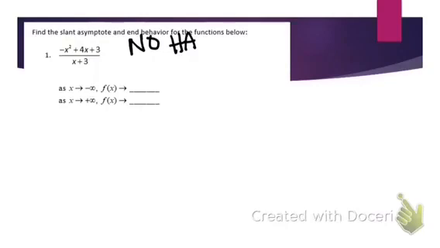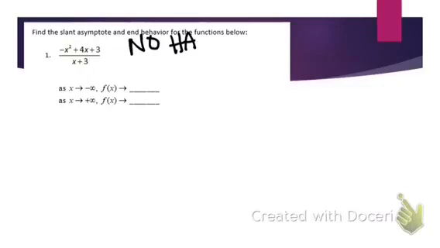If the degrees are equal, then you set the leading coefficient over the leading coefficient. And if the degree of the numerator is smaller than the denominator, then it's automatically going to be y equals 0, okay? So here, we have no horizontal asymptotes, we have a slant.